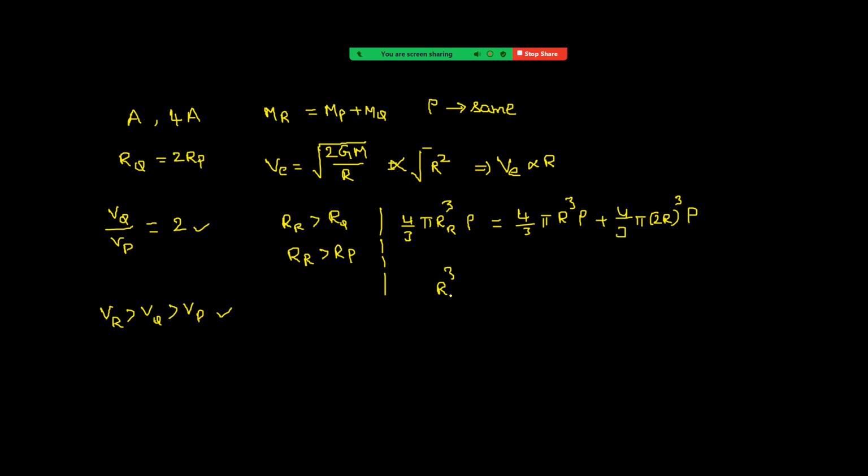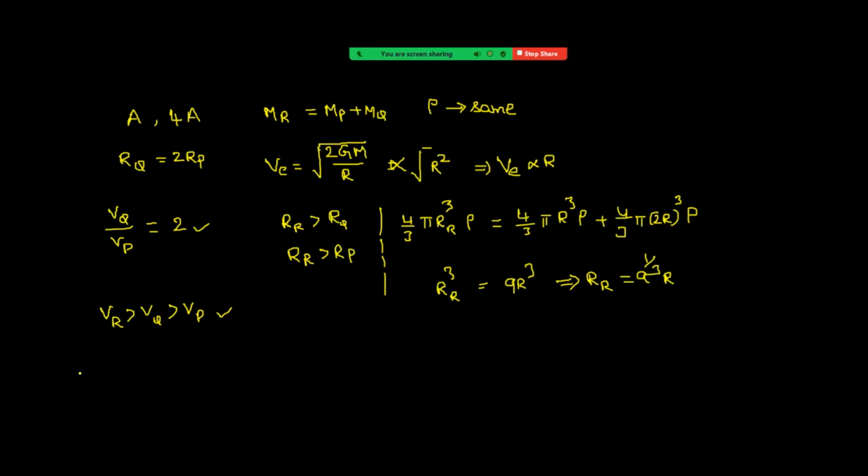R cube for R is R cube plus 8 R cube. It is 9 R cube. That implies the radius of R will be 9 power 1 by 3 into R. Right?